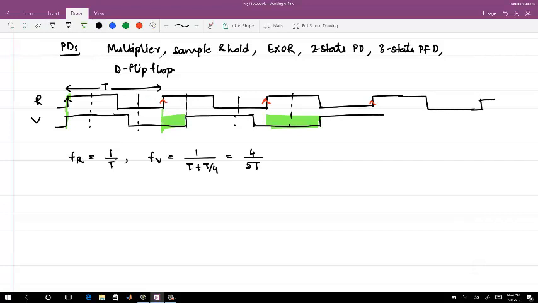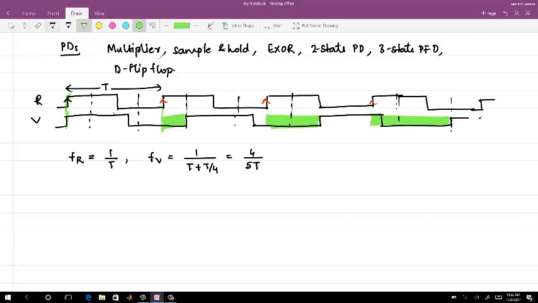So this one should be somewhere here. Oh, sorry, so this is T by 4, right? Now at this point, this is this.